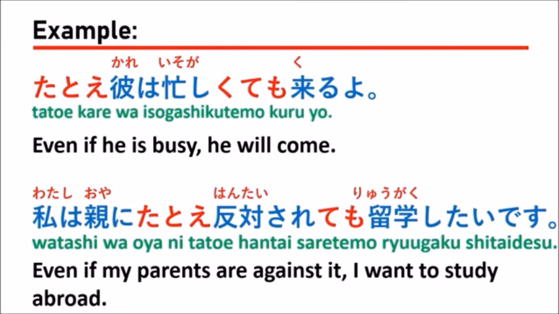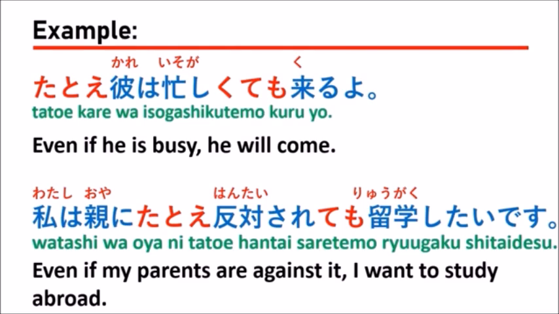In this sentence, you see that they use the verb. Here, our verb is 反対する, 反対される.